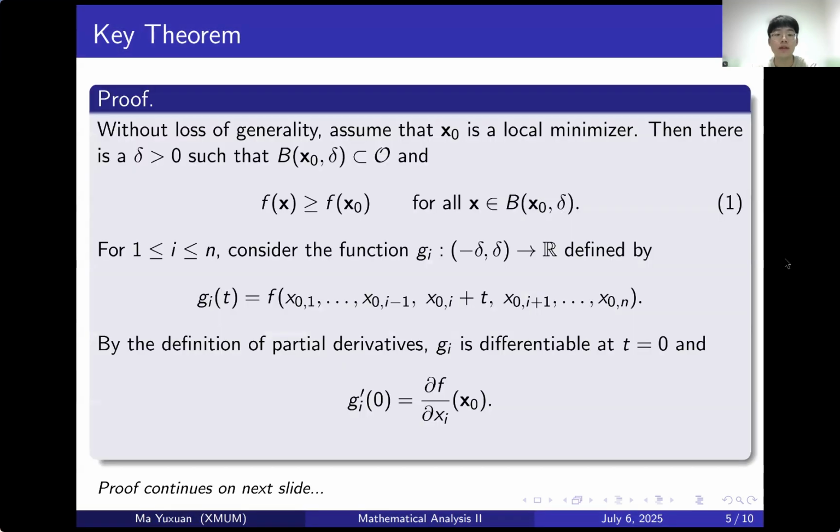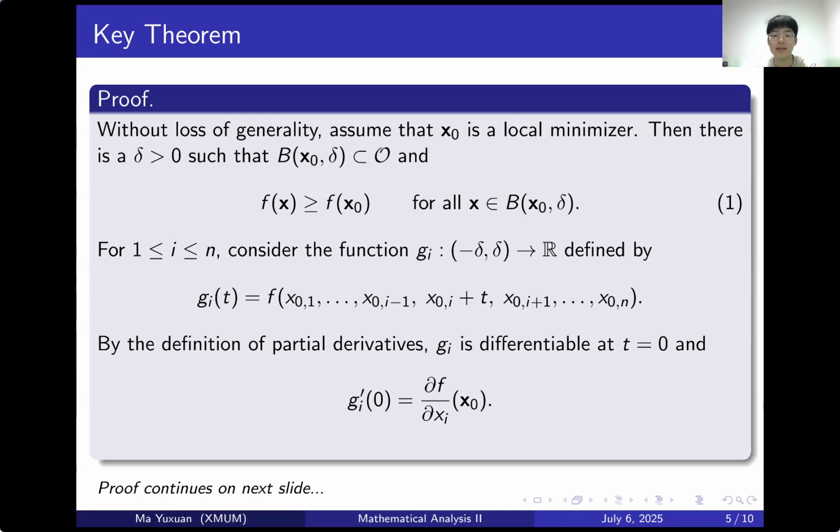To prove this theorem, we only need to do a little bit of manipulation of f, using what you are already familiar with, the first-order derivative test in single variable calculus. Without loss of generality, assume that x0 is a local minimizer.